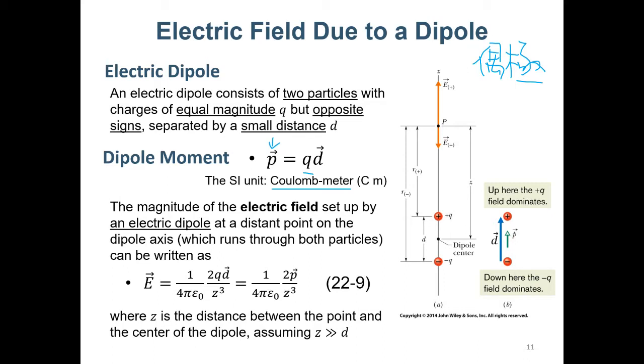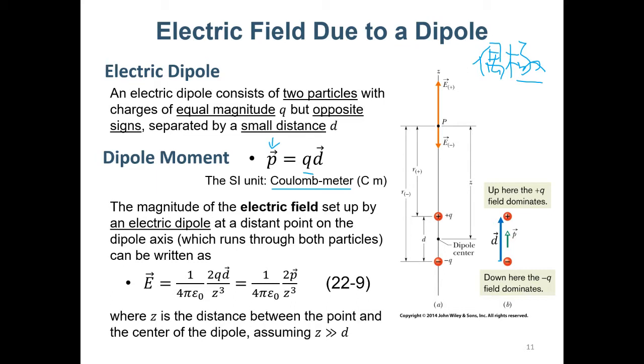The distance can be a vector, which means that if we define the distance from the position of the negative charge to the position of the positive charge and connect them, this direction is the distance vector.